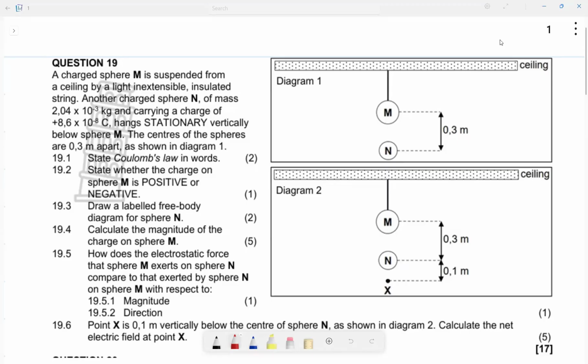In today's video, I want us to look at electrostatics. I have a charged sphere M suspended from a ceiling by a light, inextensible, insulated string.